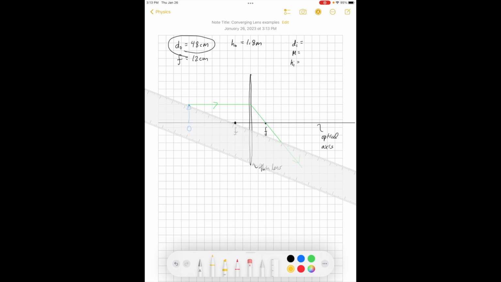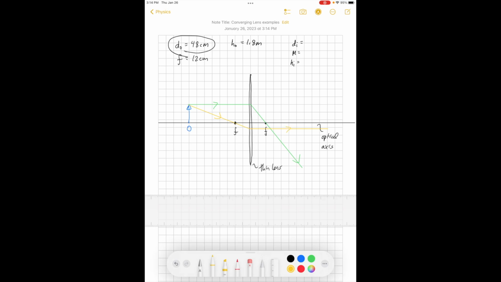These pictures are hardly ever perfect. But for a ray that goes through the focus on the same side, it hits the lens, and then it is made to go parallel to the axis. So it's kind of like the green lines that I just drew. It's kind of like that in reverse. So that's the other one I can draw.